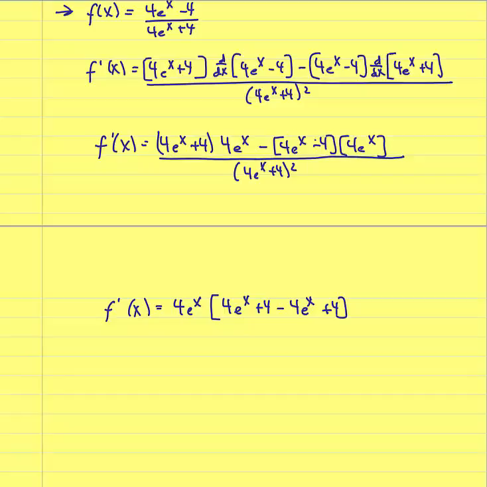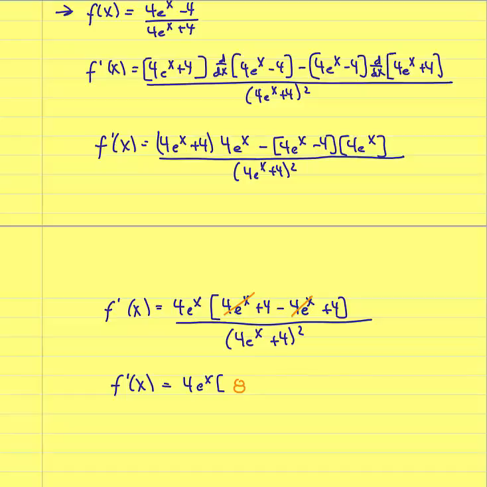So minus 4e to the x plus 4. And this is all over 4e to the x plus 4 quantity squared. So simplifying inside my brackets here, the 4e to the x cancel, and I'm left with 4 plus 4 is 8.